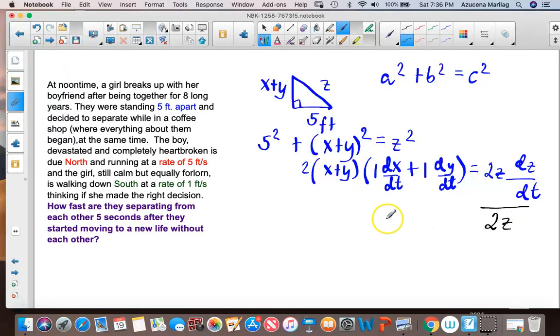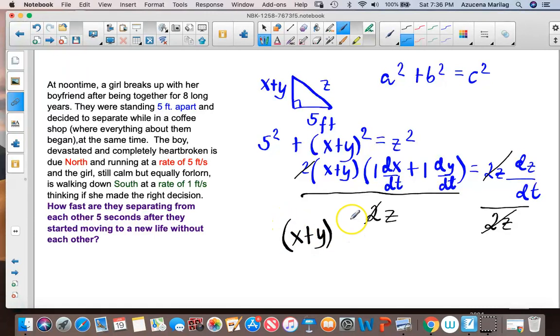So divided by 2z, divide all throughout by 2z. So that would cancel off the 2z right here and this number 2 here on the left side. So here on the left, we have x plus y, and we don't have to write the number 1, so that's going to be dx dt plus dy dt.